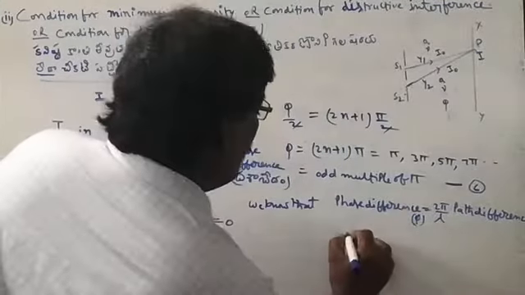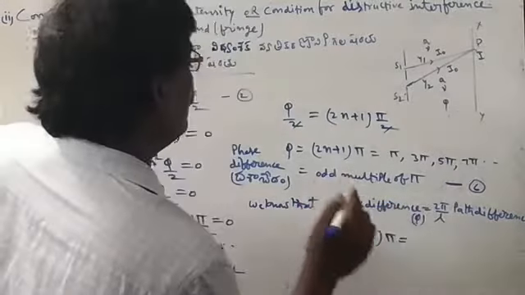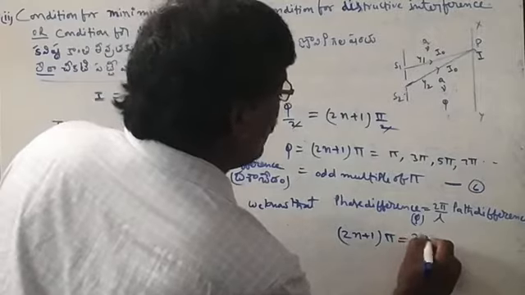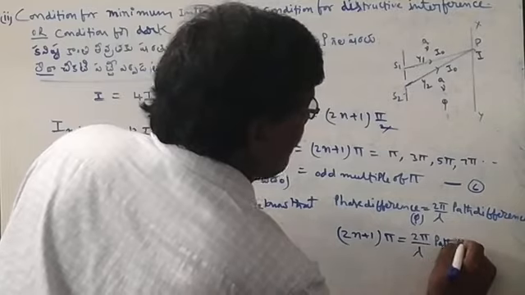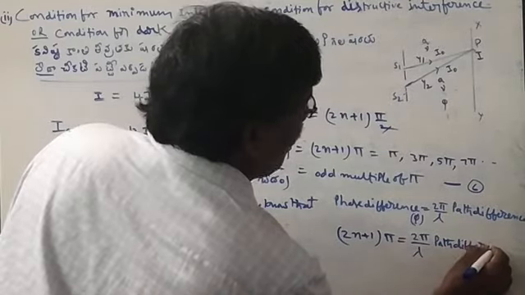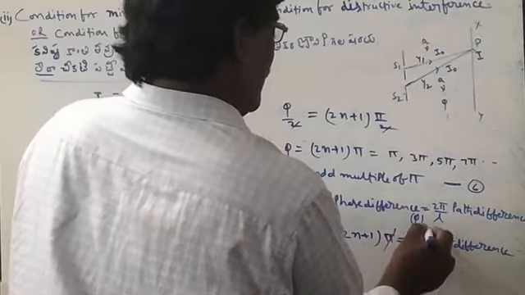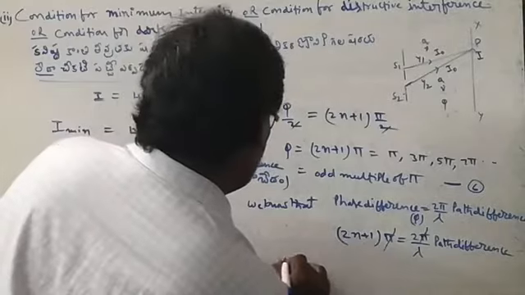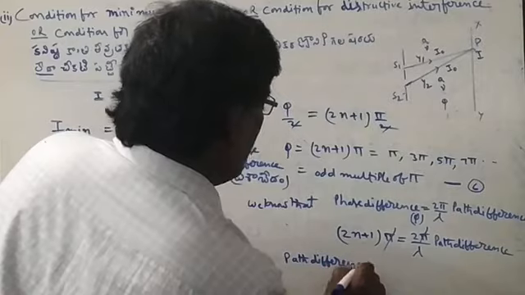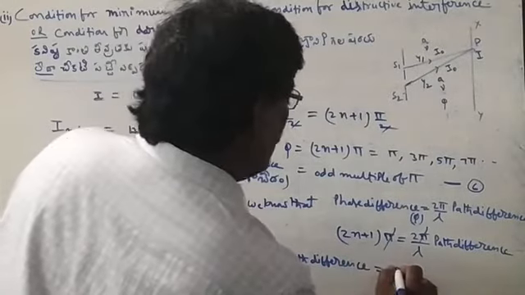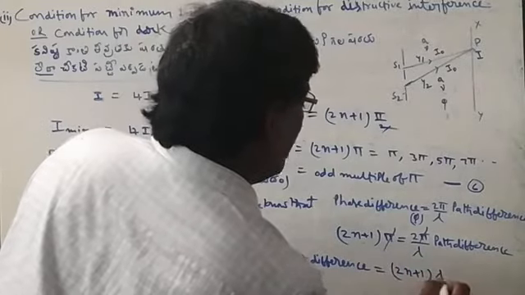The pi cancels. Therefore, path difference is equal to, cross multiplying, 2n plus 1 into lambda by 2.